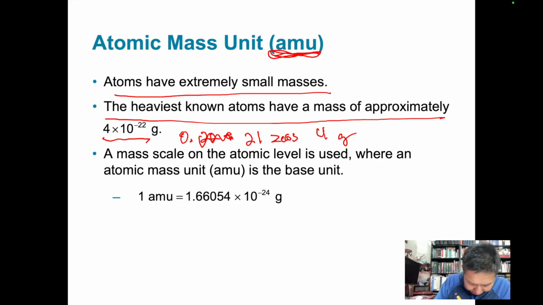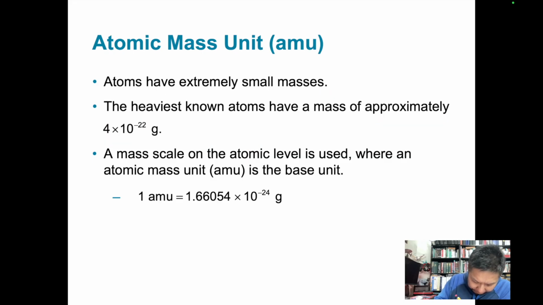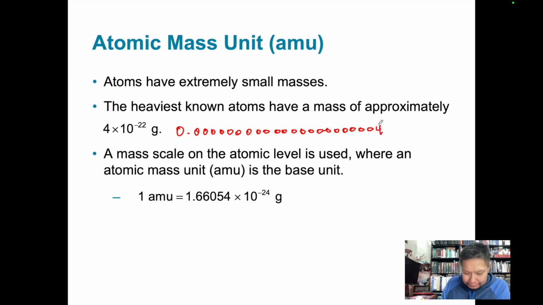I'm just going to write it out so that we can see the scale here. So 0.1, 2, 3, 4, 5, 6, 7, 8, 9, 10, 11, 12, 13, 14, 15, 16, 17, 18, 19, 20, 21, and then the 4. I might have miscounted there, but that's okay. Grams. So the heaviest atom, that's how much it weighs.